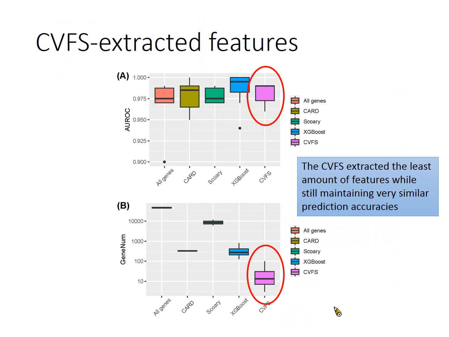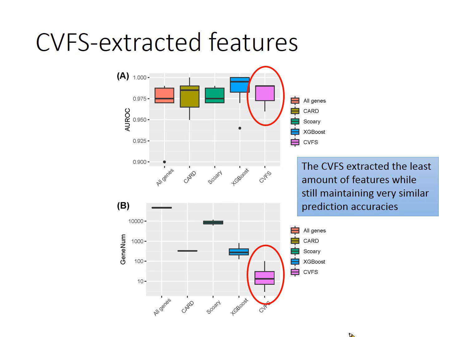So we use the Salmonella enterica dataset to evaluate the cross-validated feature selection method. This figure shows prediction accuracies and the number of genes of all feature selection methods.